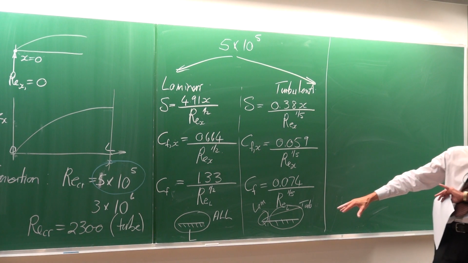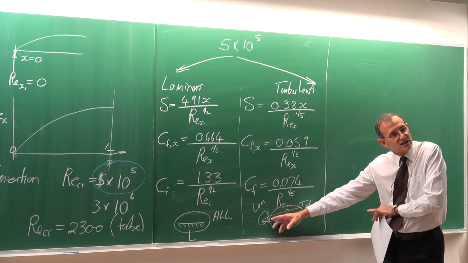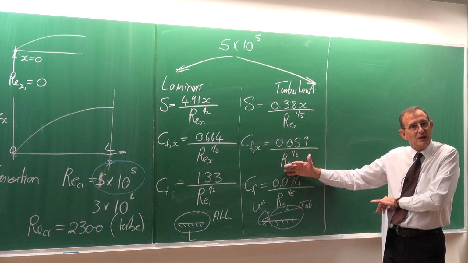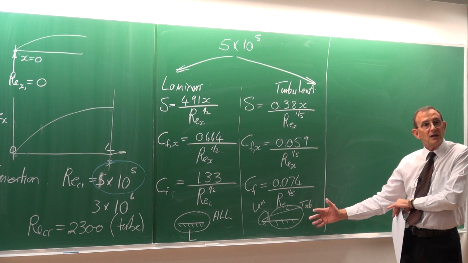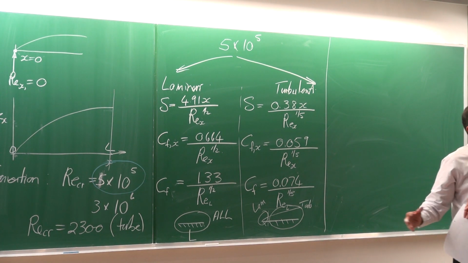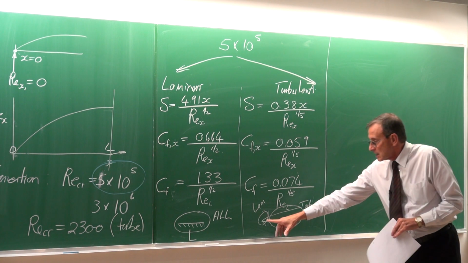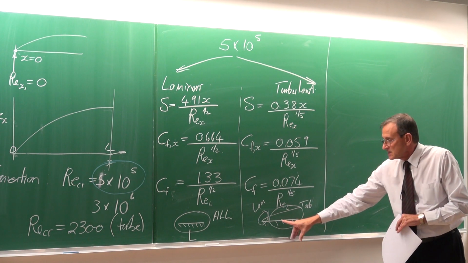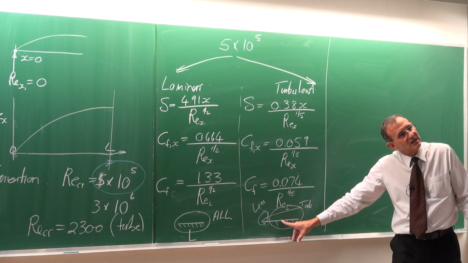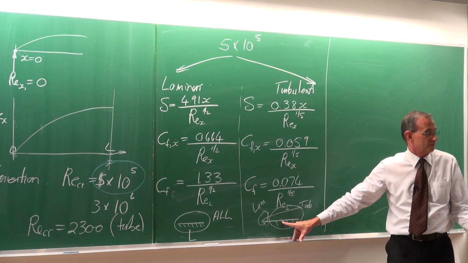So you can see there's a problem here, and the problem is you're going to ask me, well, okay, we see there's laminar, everything cannot be laminar, so when do we use this equation? Well, the answer is it depends on your discretion, on your good engineering discretion. If this plate is of length, where this is about 50% of the plate, then I think you would agree with me that it's not such a good example.